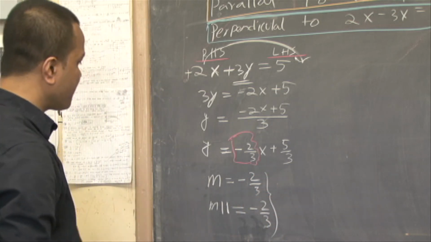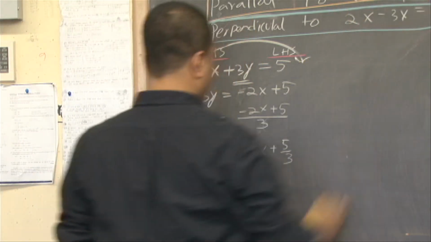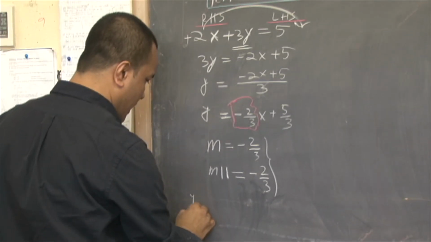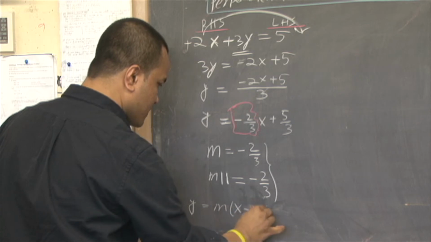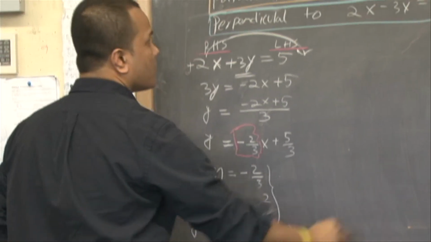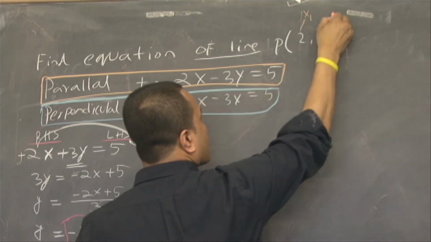Now how are we going to make it a line? We're going to use the point-slope formula, which is y equal m times x minus x1, plus y1. Now here we can call this x1 and this y1.